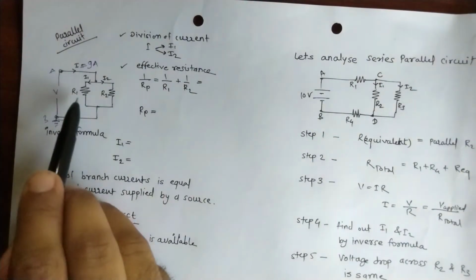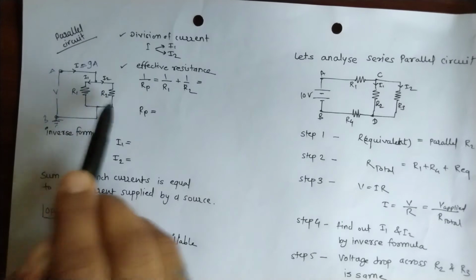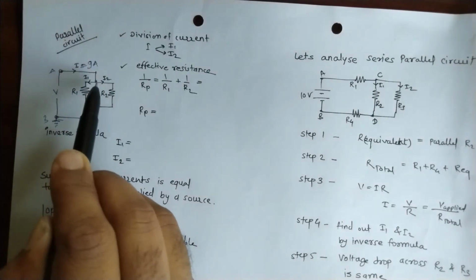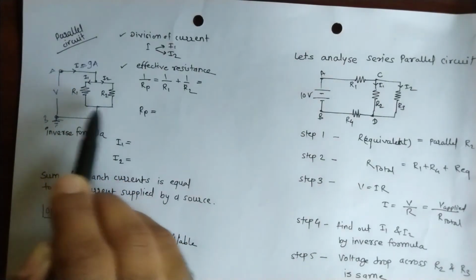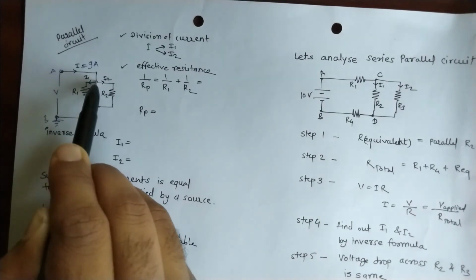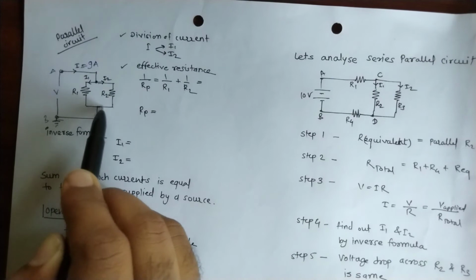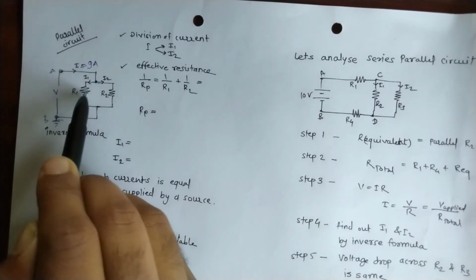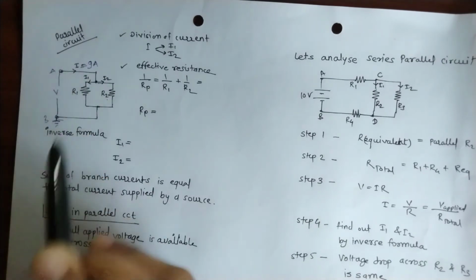R1 and R2 are two resistors in parallel, because they divide here and connect again here, right? So R1 and R2 are in parallel.